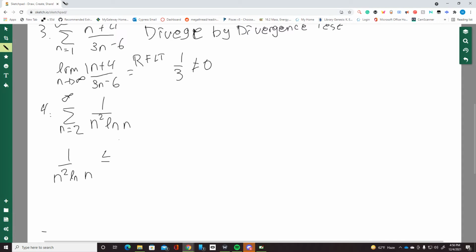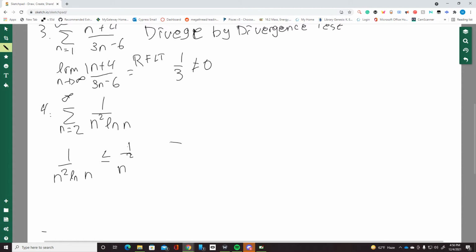So we try to find a bigger function and then we try to find whether it converges and matches. So we need to find a bigger fraction. Say we can use 1 over n squared. Simple enough. By removing the ln n, because ln n is in the denominator, we essentially make the fraction bigger.